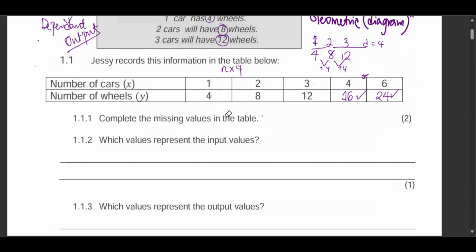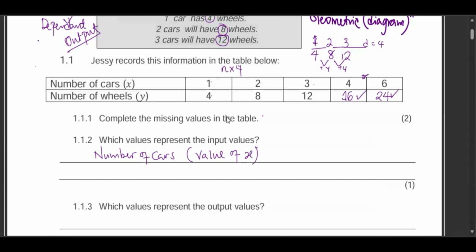The next question asks which values represent the input. Someone would say the number of cars. Someone else would say the value of x. Another person could have written the values as you see them: 1, 2, 3, 4, and 6.